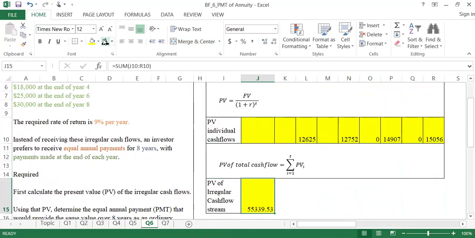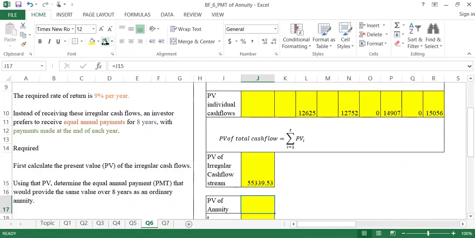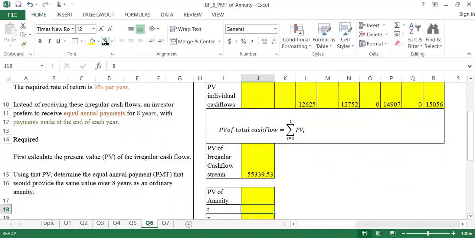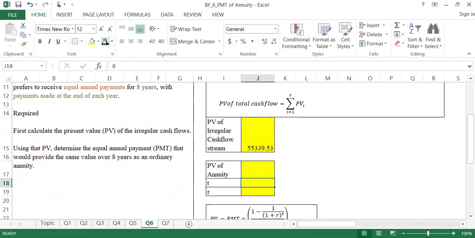Now, the present value of the irregular cash flow stream is 55,339. The question says further on, instead of receiving these irregular cash flows, an investor prefers equal annual payments for 8 years with payments made at the end of the year.